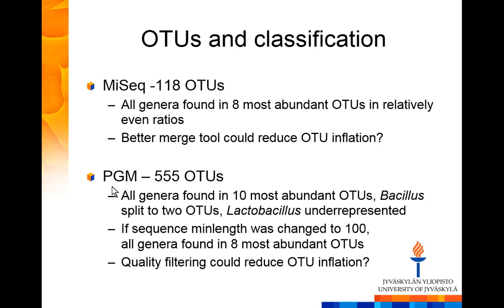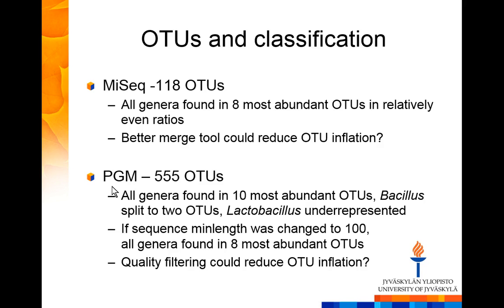But anyway, for the PGM, all of the different genera were found in the 10 most abundant OTUs. But Bacillus was split into 2 OTUs, and Lactobacillus, even though present, seemed to be underrepresented. So I needed to find out why that is.